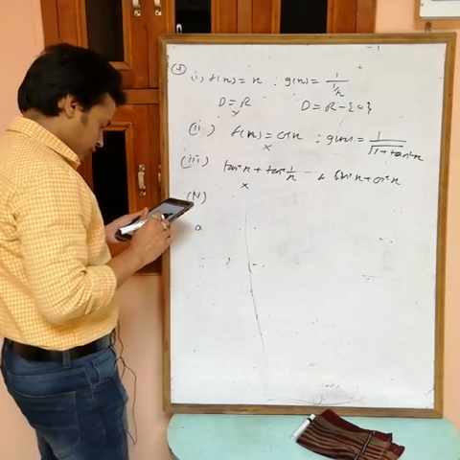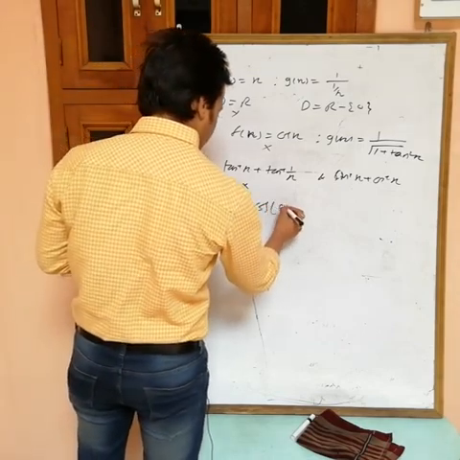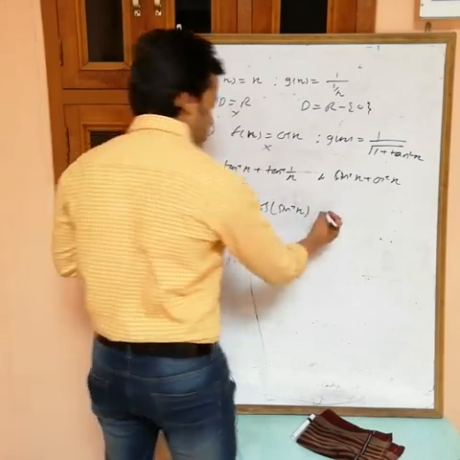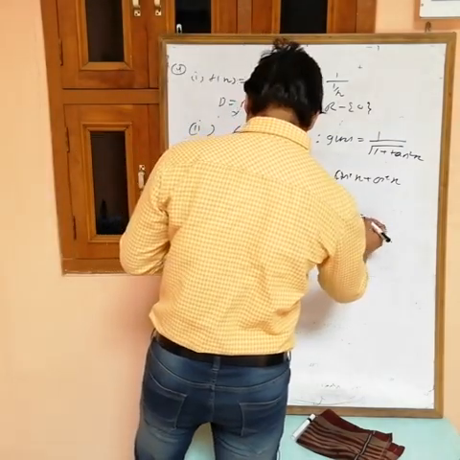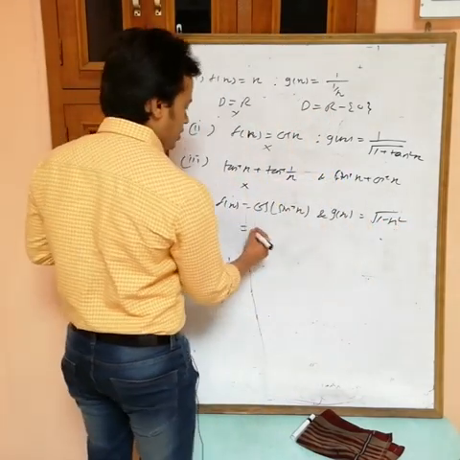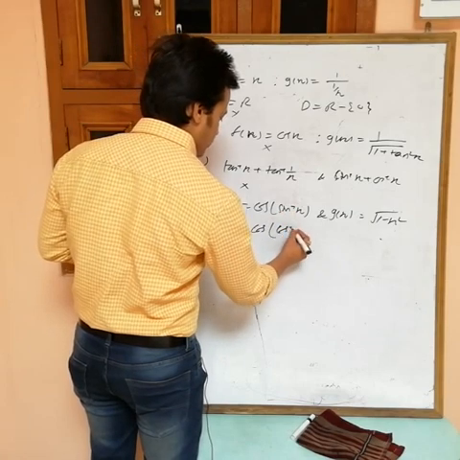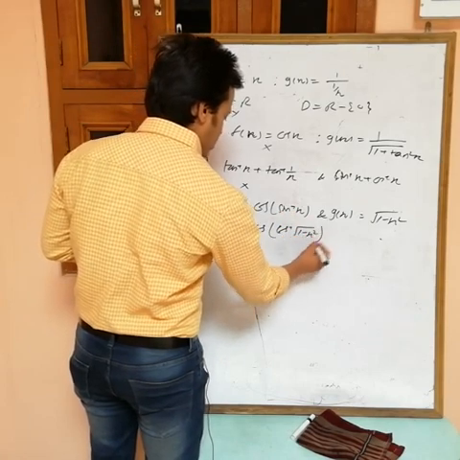Now the fourth one is f(x) equals cos of sin inverse x and g(x) is equal to root over 1 minus x square. Now actually, if you convert sin inverse in terms of cos inverse, then what you will get is root 1 minus x square.